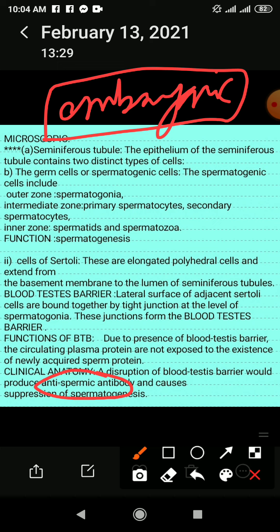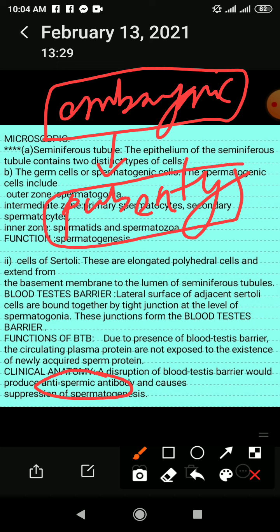is considered as foreign. For example, in male, the spermatozoa is produced, that means spermatogenesis starts at the puberty age. So before puberty, in the embryonic period, there is no spermatogenesis. As it is produced after puberty, all the sperm proteins are considered as foreign body by our blood cells, which are mainly defensive in function.